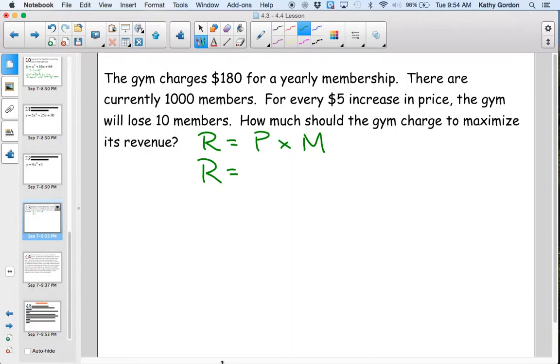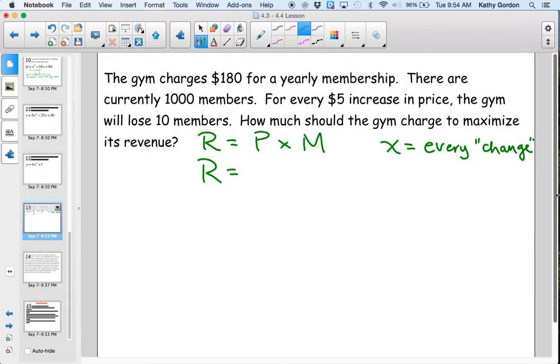Okay, so what is happening with the price? Currently the price is $180. What do they want to do with the price? Increase it by $5. So in this case, our variable is going to represent each time it changes, which is a strange thing to represent, but that's what we need it to represent.